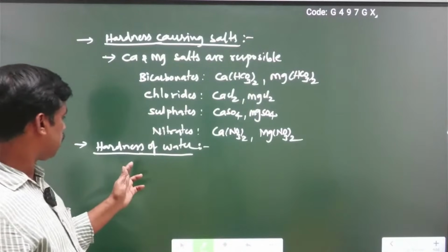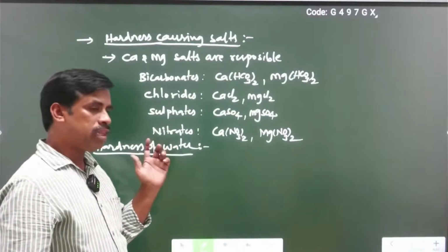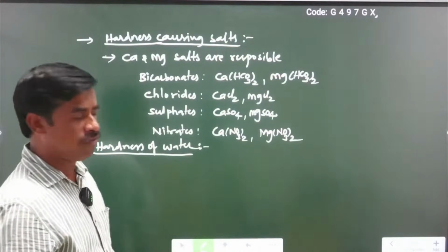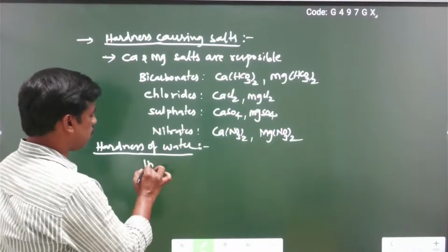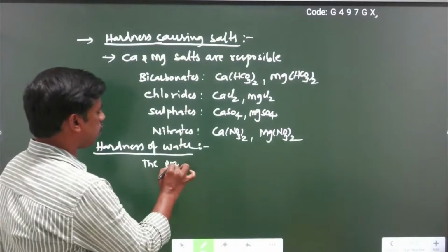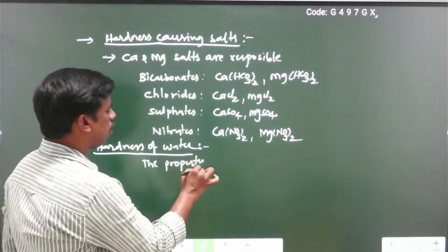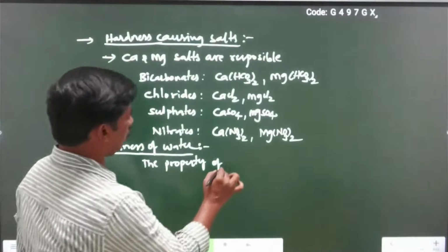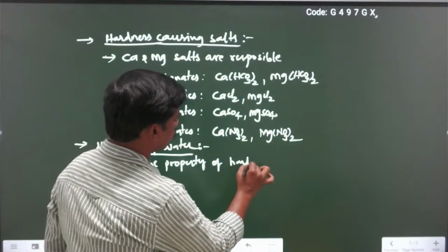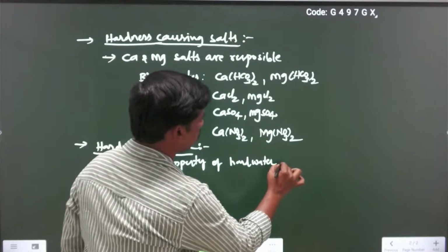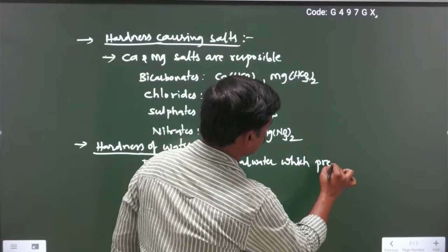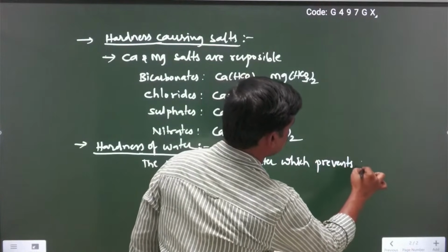Now the definition of hardness of water, listen carefully: the property of hard water which prevents the formation of lather with soap.